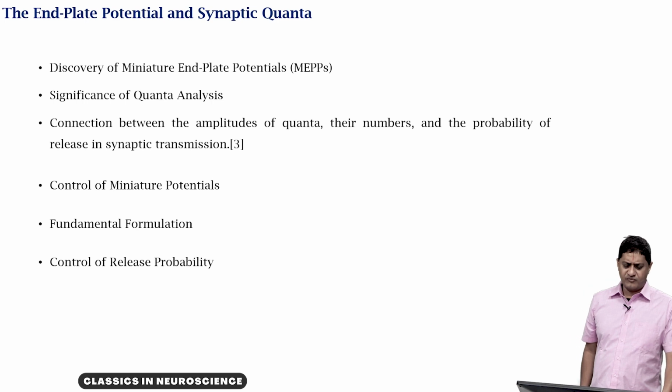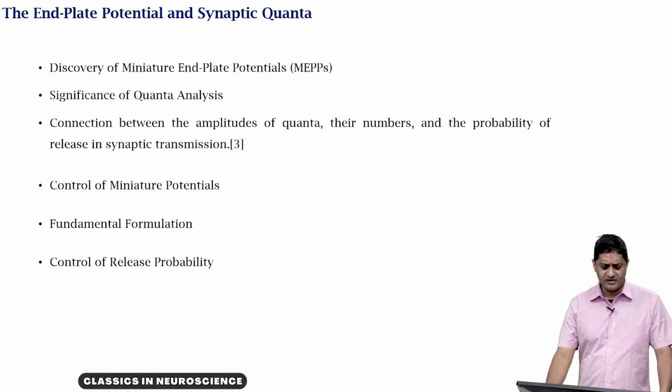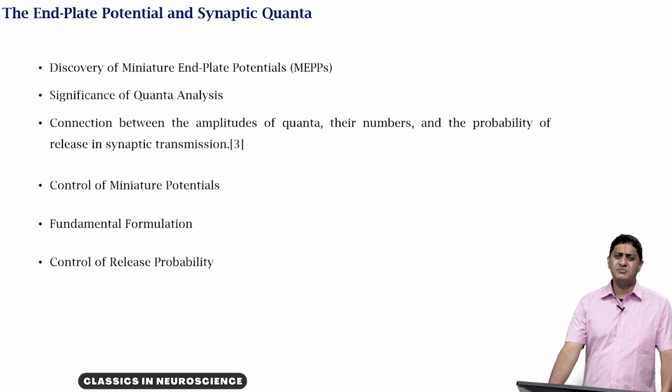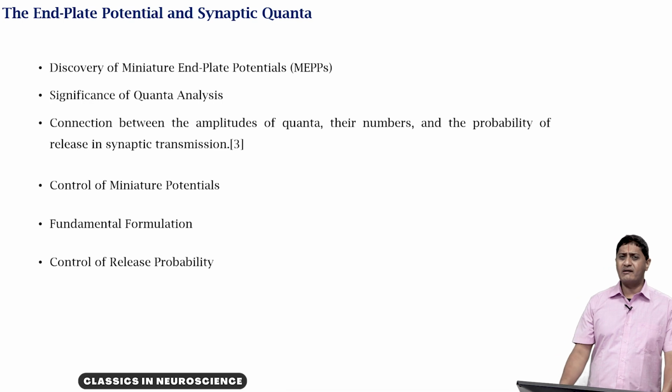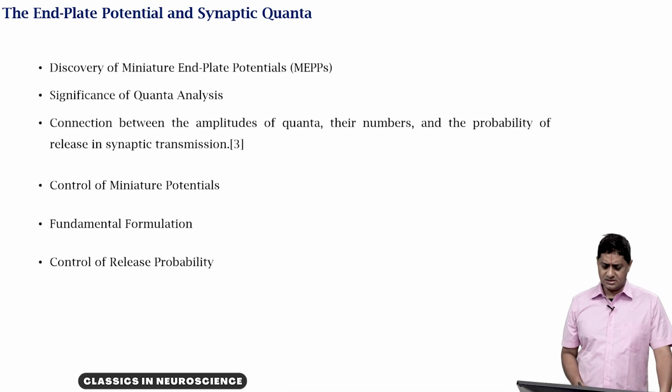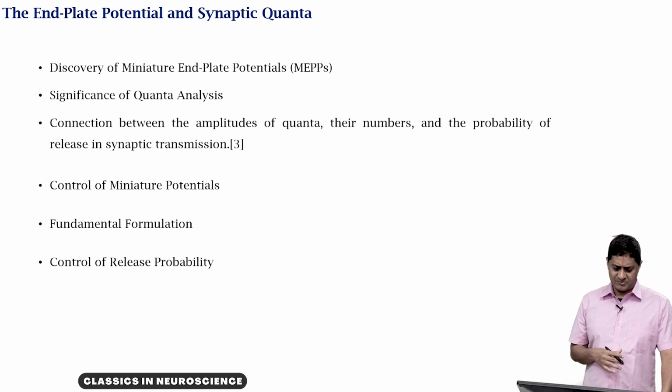While Fatt and Katz were recording EPPs, end plate potentials, at high gains, they found that there were very small all or nothing responses that then summed to give the full EPP.